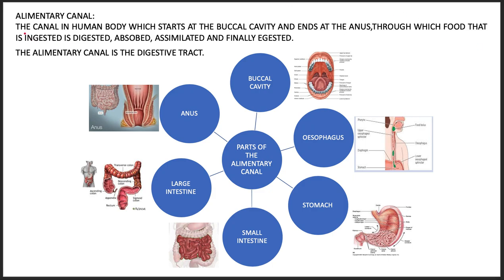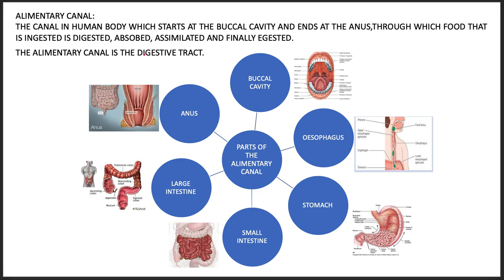The alimentary canal is the canal in the human body which starts at the buccal cavity and ends at the anus, through which the food is ingested, digested, absorbed, assimilated, and finally egested. The alimentary canal is the digestive tract, which means it is the part of our body through which the food enters and leaves the body. That is called the alimentary canal.